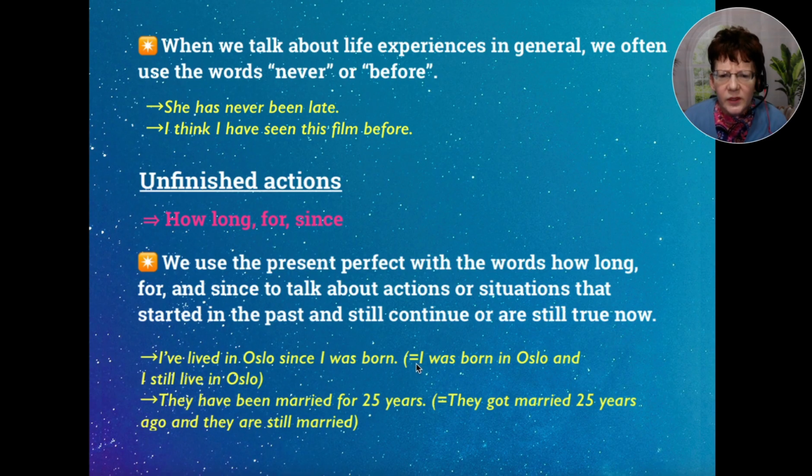So this really means I was born in Oslo and I still live there. Then we have they have been married for 25 years. So this means they got married 25 years ago, right? And they're still married. So these are still true situations.